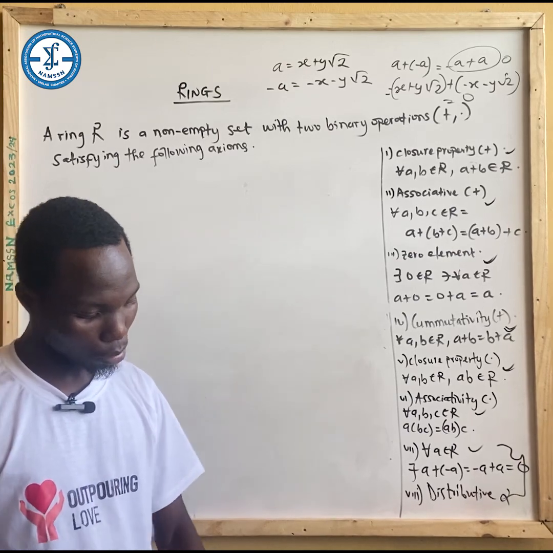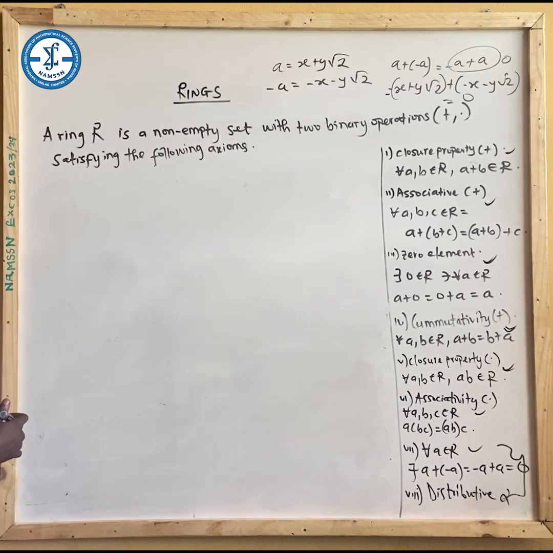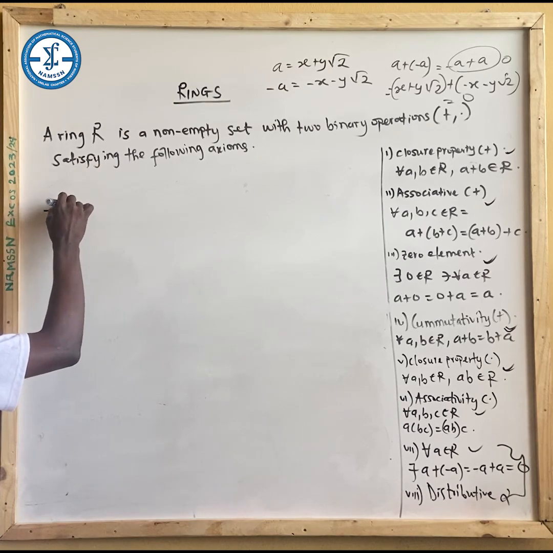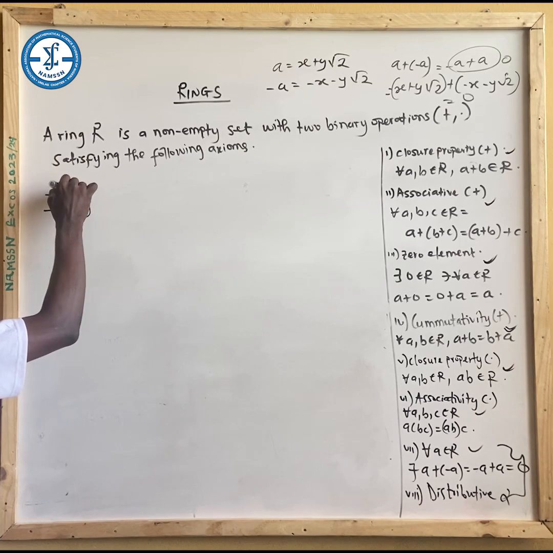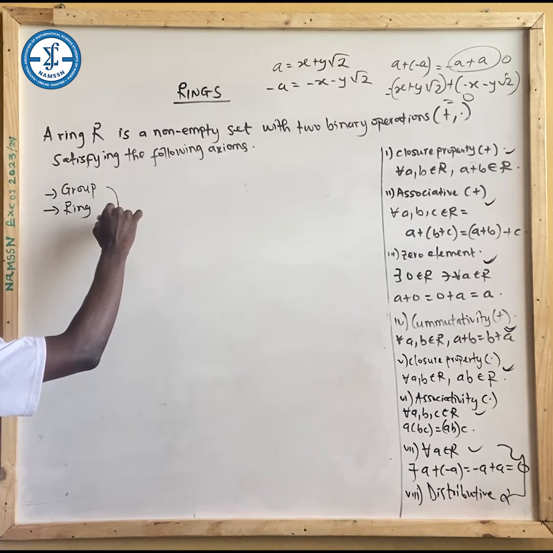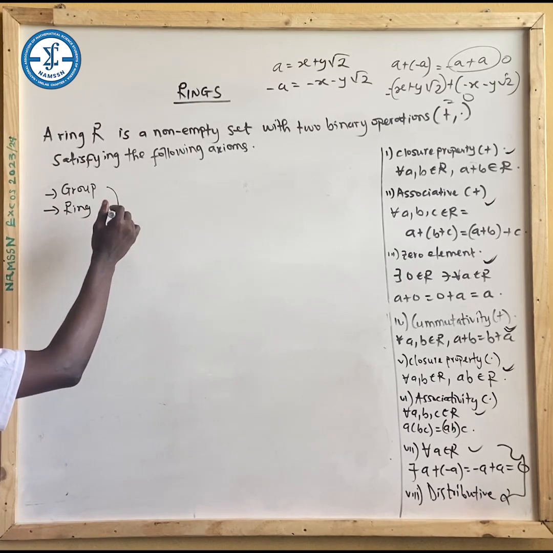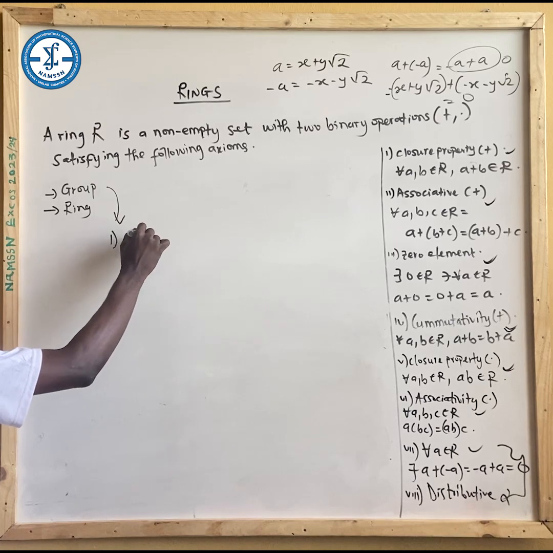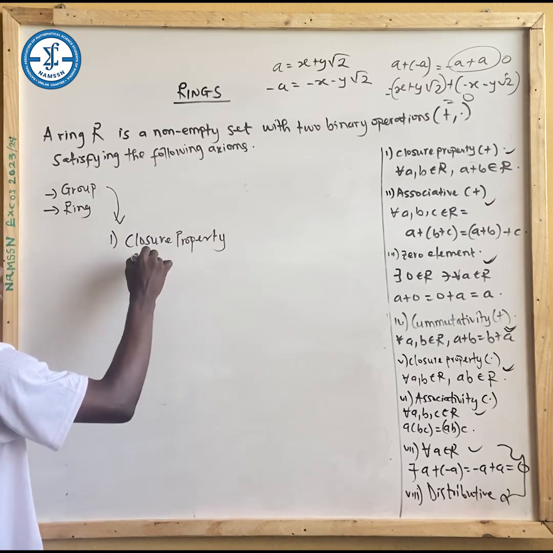So far we've been able to talk about what a ring is. First thing, we started with a group. I said there are some properties that have to be satisfied for you to call a set a group. First one is closure property. So you need to define what a closure property is.